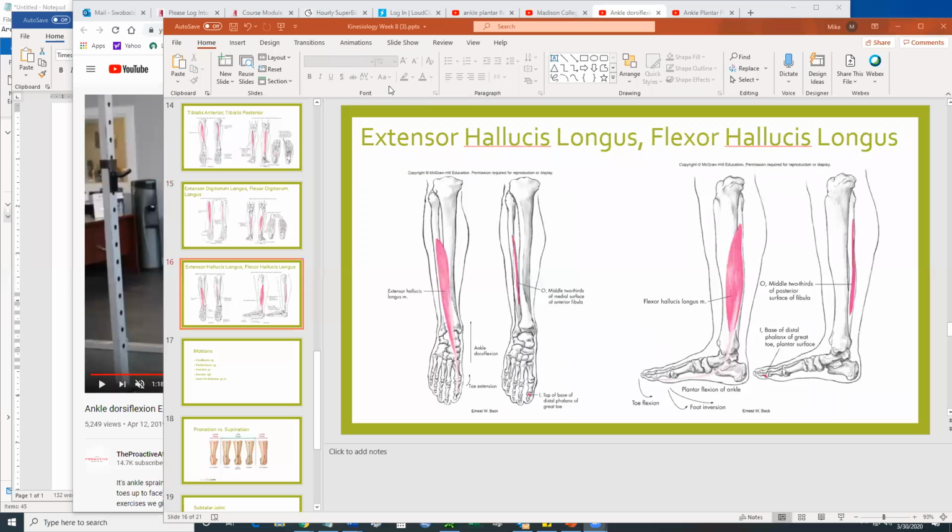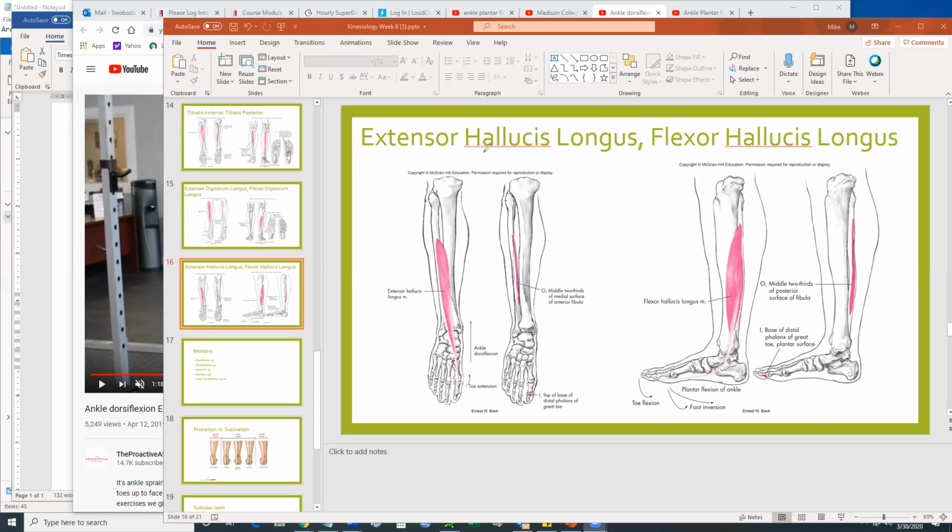And then with the wrist, remember that we had pollicis, which meant the thumb. Hallucis or hallicus means your big toe. And again, does the exact same things as the digitorum muscles.